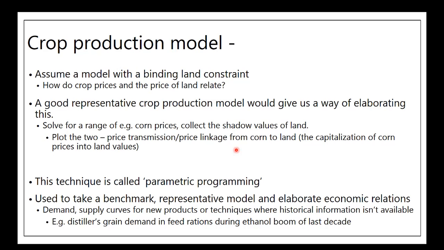So we assume a model has a binding land constraint, and we're interested in something that farm management professionals are always interested in: when crop prices change, how does the land price respond? So what are the linkages between the crop price and land markets? If we have a good representative crop production model, then we have a way of elaborating on this.